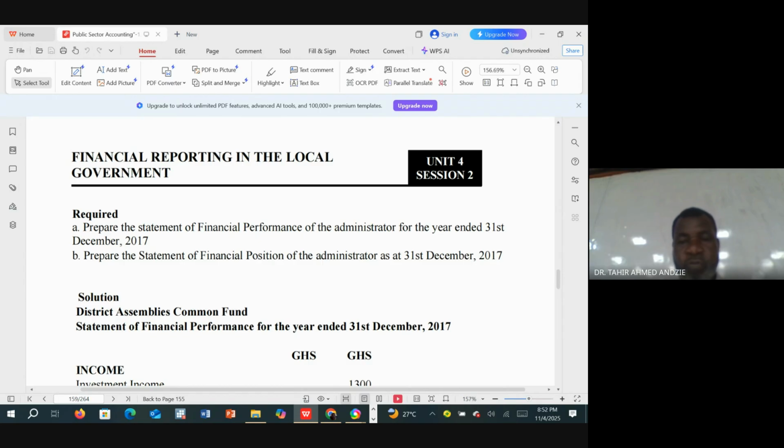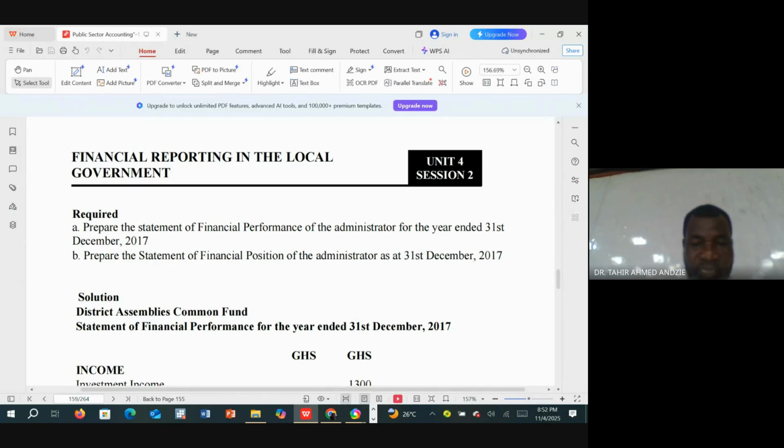So basically, you know what goes into the statement of financial performance. Statement of financial performance is about revenue and expenditure, income and expenditure, right? To be able to know what the performance has been in terms of surplus or profits.